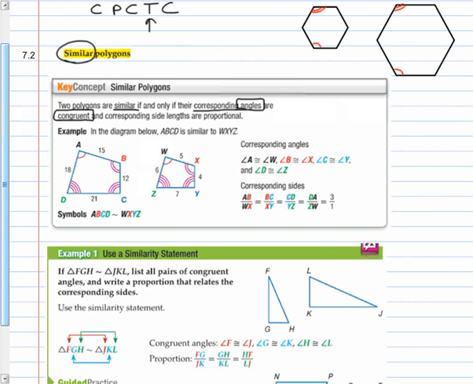But their corresponding sides, the corresponding side lengths, are proportional to each other. So these sides are not the same length, but they do have the same proportion.